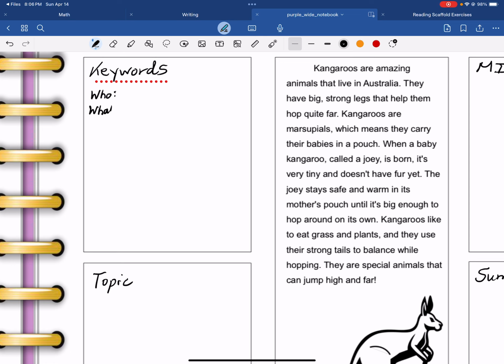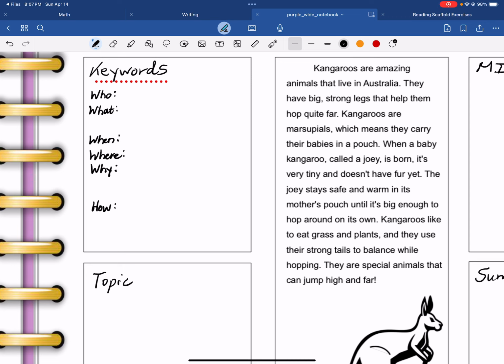Who, what, when, where, why, and then how. Now, these don't make a lot of sense just as they're written here, but let's apply these questions to this passage.